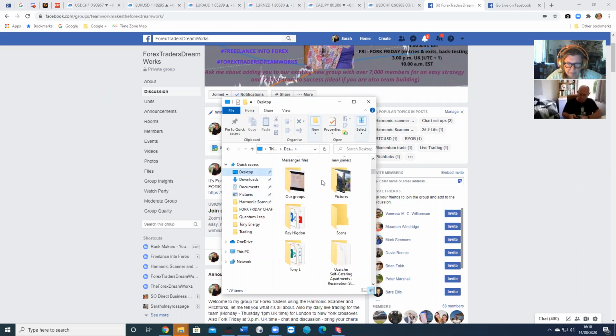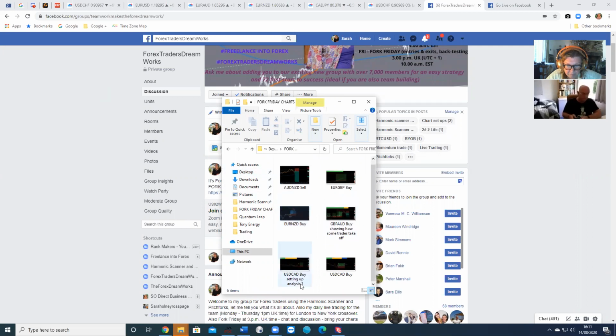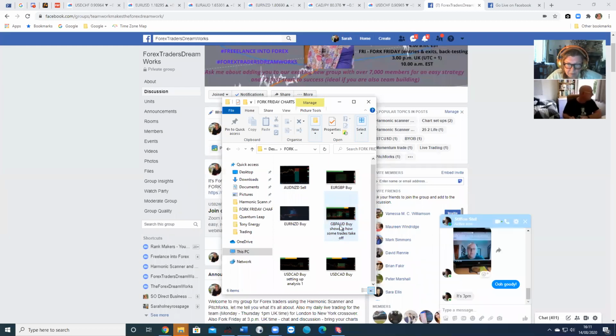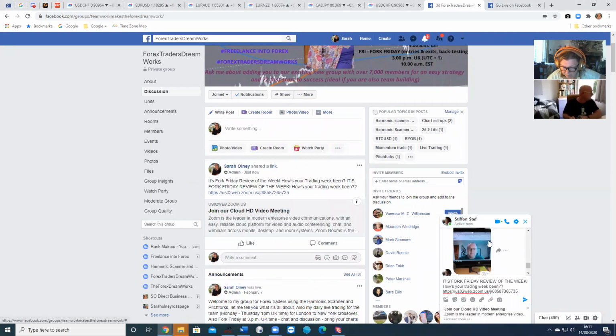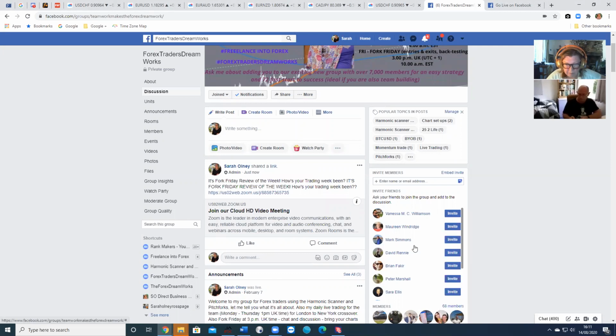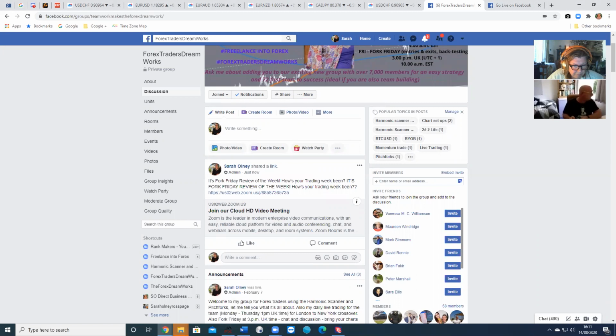What have I called it? Fork Friday charts, oddly enough. So USD CAD, GBP ORD. I'll save those. I know it's 3 p.m. I've lost charts now.